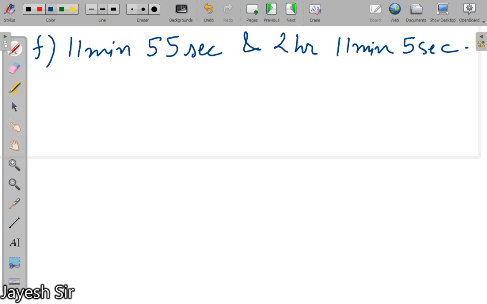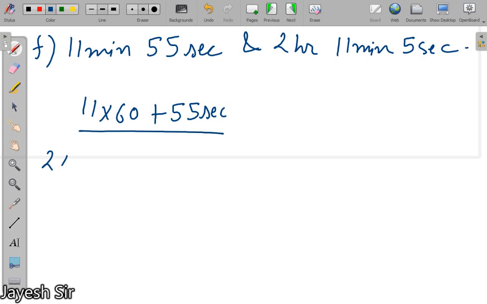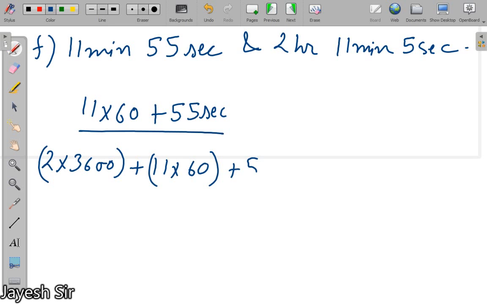So what we do is we convert all these terms into seconds. We write 11 minutes as 11 into 60 seconds plus 55 seconds. 2 hours is 2 into 3600 seconds. 11 minutes is 11 into 60 seconds and 5 seconds as it is.